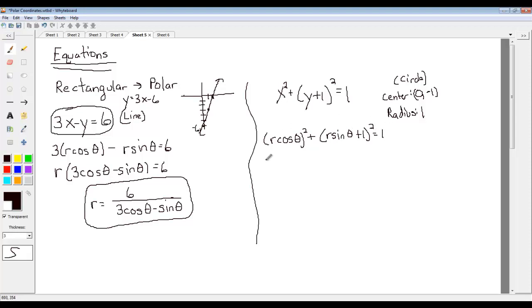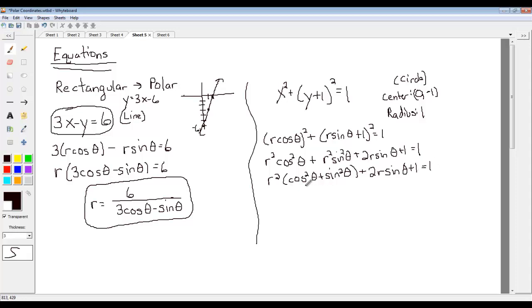So we got r squared cosine squared theta plus r squared sine squared theta plus 2r sine theta plus 1 equals 1. Factor r squared out of these two. I'm doing that because I recognize cosine squared plus sine squared, one of my classic identities.